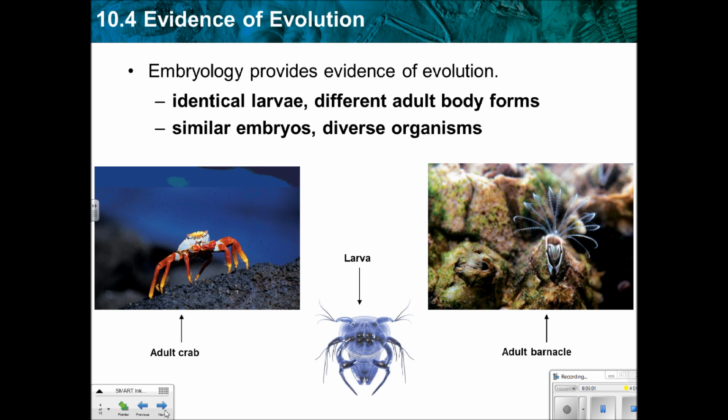We see these things more when they're adults, and they're very different as adults, and they've gone through a metamorphosis, but their larva is exact. We also have lots of examples of similar, not exact, like the larva here, but similar embryos, so they don't go through metamorphosis, but they do develop and change.